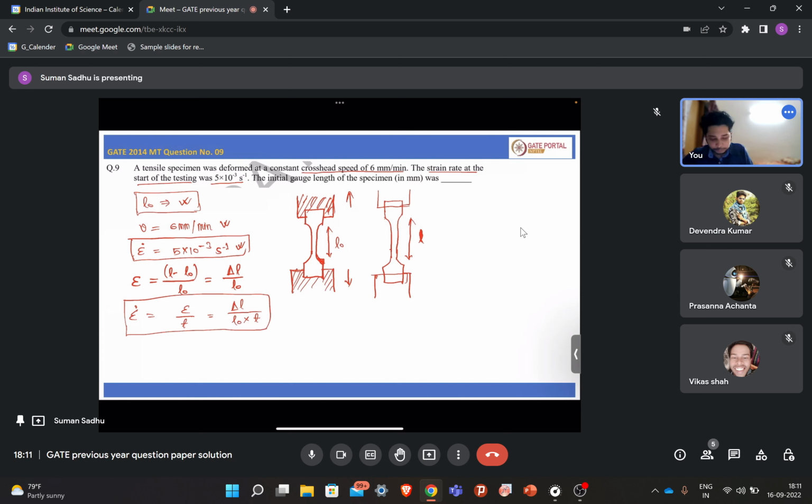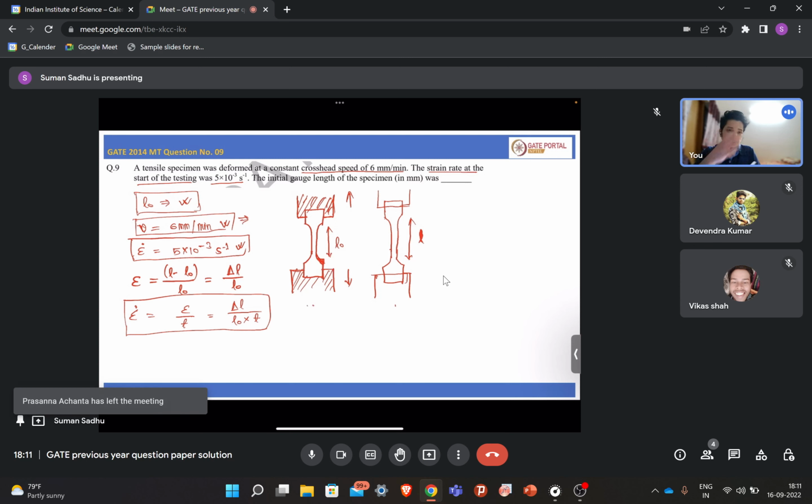Now how can we write the crosshead speed V in terms of L? From these two diagrams itself you can say how. This is initial and this is final, so how much is the change? What is velocity?